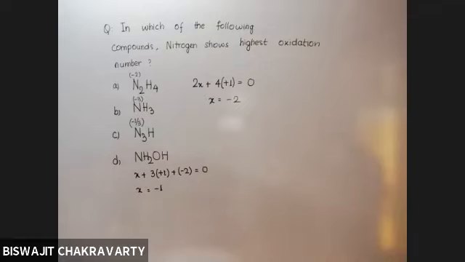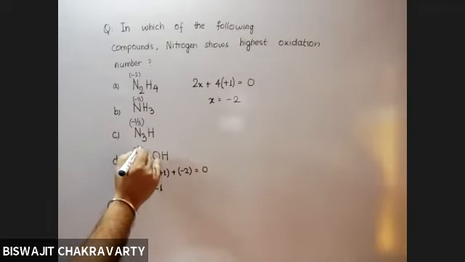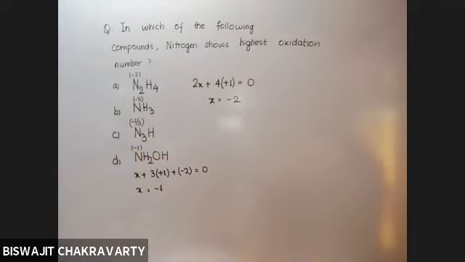So all are negative values, and within them you are to find out which is the highest oxidation number. So will it not be C? Yes, it will be C because -1/3 is the maximum value, because as we put a negative sign, the reciprocal develops a greater value.